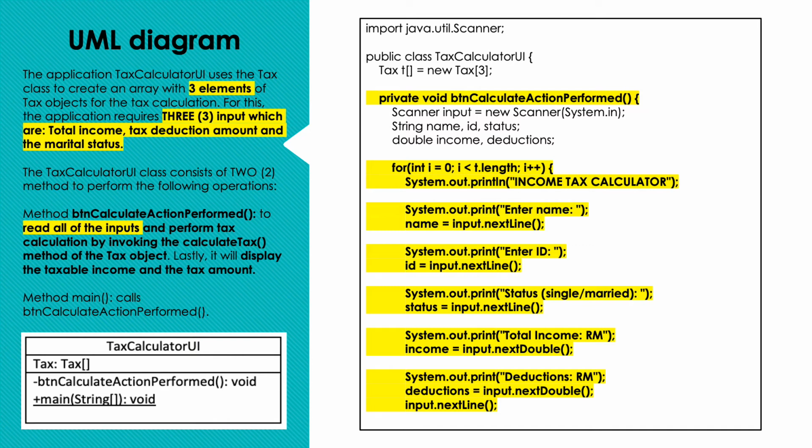And then to be able to do all the calculations, we need to ask the user to enter the total income and also the deductions. So I wrote income equal input.nextDouble and deductions equal input.nextDouble. So all the values that the user inputs, I save all of those inside the local variables.